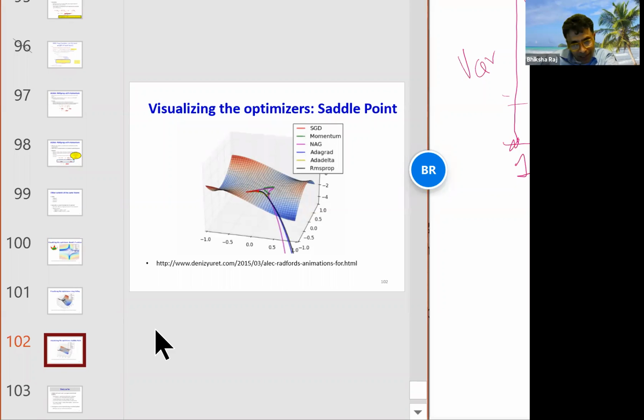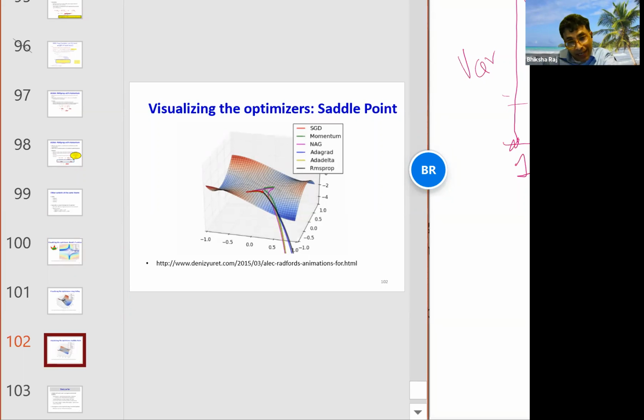Here's another one. The optimum is down this line, and once again you can see that the Ada techniques, which normalize the step size by the RMS value, move down somewhat consistently. SGD gets stuck. Momentum and Nesterov wander off, but when they find the path, they really zoom.